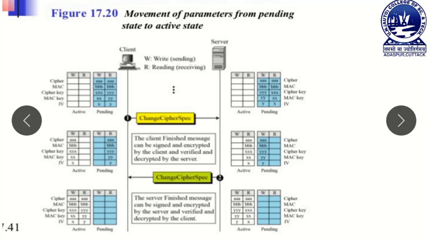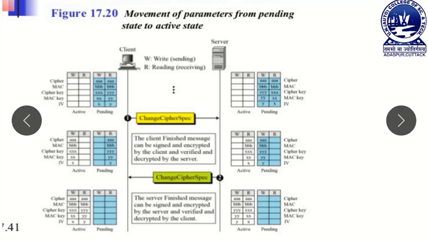When the client sends a message, at that timing the client uses the write outbound parameter to encrypt the message, and the server uses the read inbound parameter to decrypt the message.